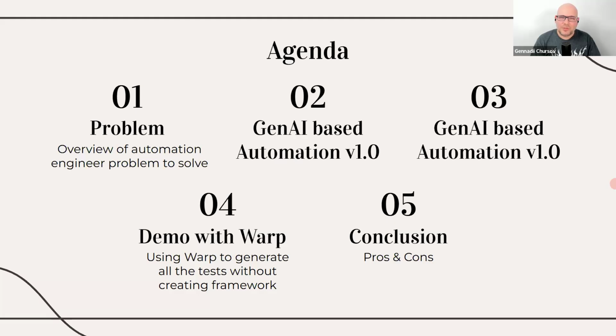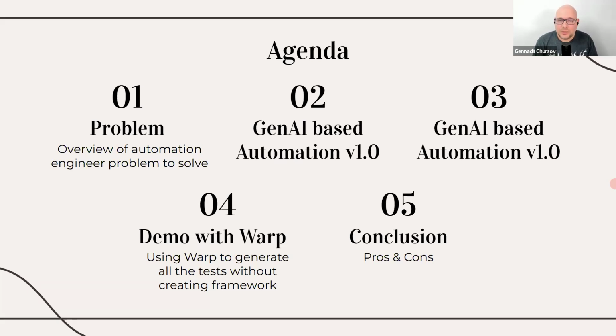So usually people divide into two groups. First group, not yet recording demos. Second, started recording. So for today's agenda, we will start with the problem: what current problems in automation engineering are we trying to solve?